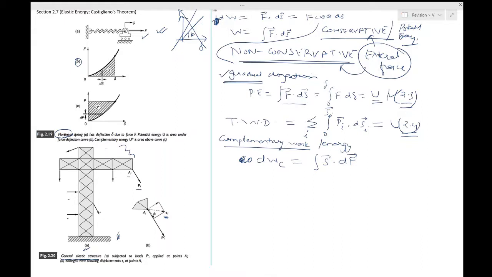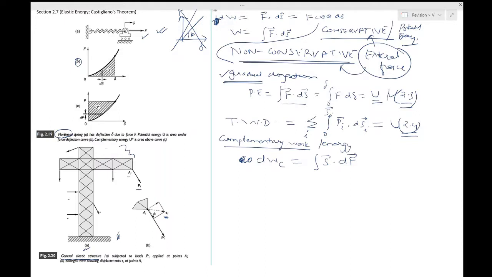And by the same arguments, when you do a complementary work on certain systems, their internal force states are altered in such a way that they are capable of giving up equal amounts of complementary work when they are returned to their original force states.